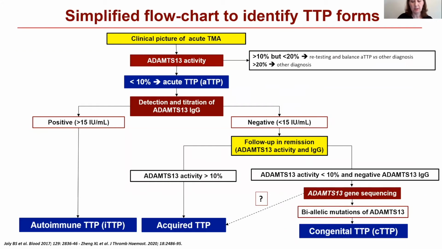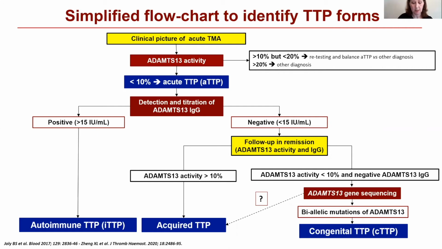So ADAMTS13 is a crucial diagnostic tool for TTP, and this is a simplified flowchart to identify TTP forms. In front of a clinical picture of TMA, ADAMTS13 activity is definitely the first line assay to be done. If it is lower than 10%, the diagnosis of acute TTP is confirmed, and the detection and titration of ADAMTS13 IgGs are then the second line assay to be done. If ADAMTS13 IgGs are positive, the diagnosis of autoimmune TTP can be made as soon as this acute episode.